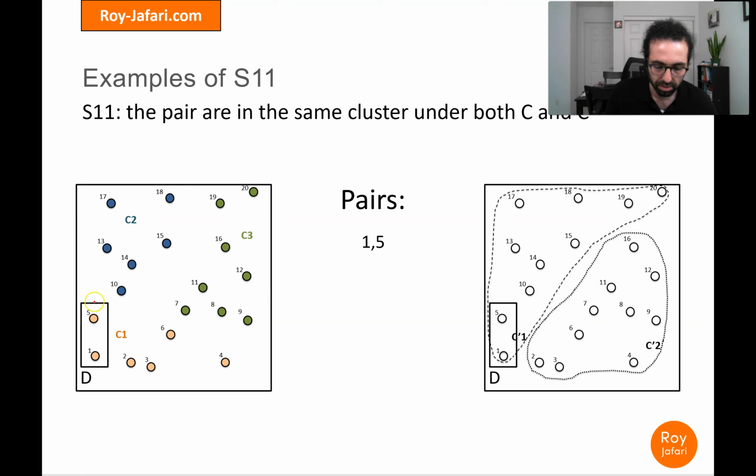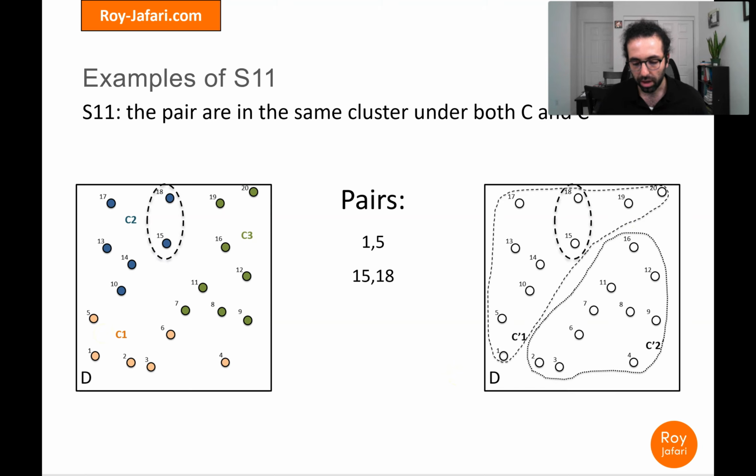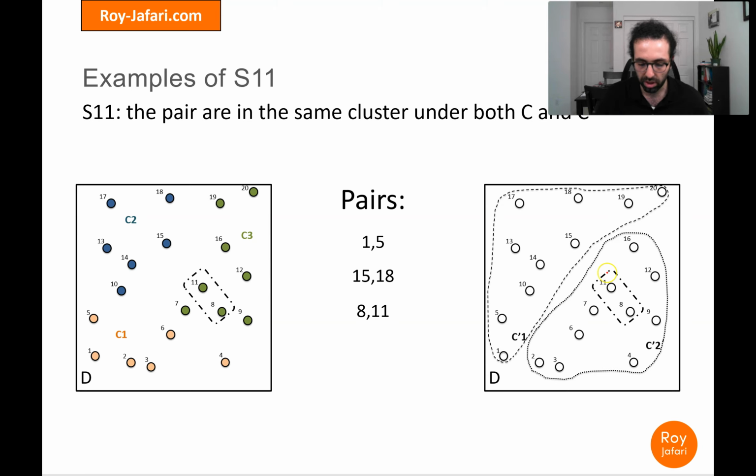They are in the C1 cluster here, and in the C prime 1 cluster here. Another example is the pair 15 and 18. They are in the same cluster here, and also the same cluster here. Another example is the pair 11 and 8. They are in the cluster C prime 2 here, and in the green cluster here.